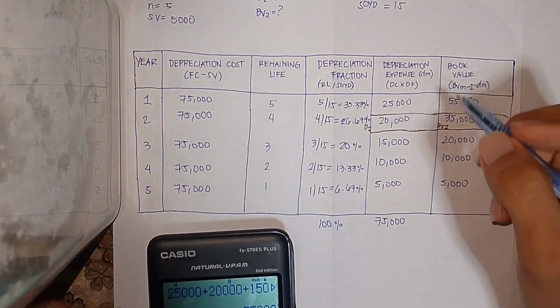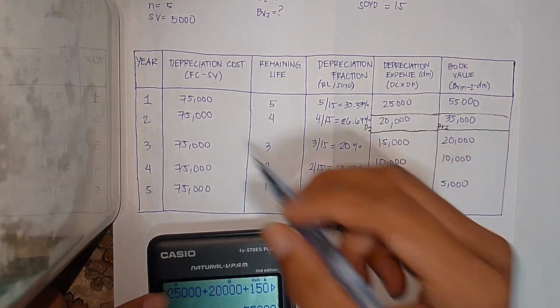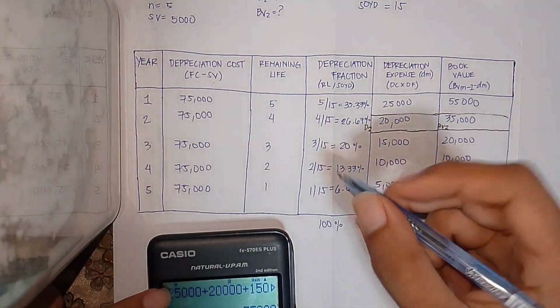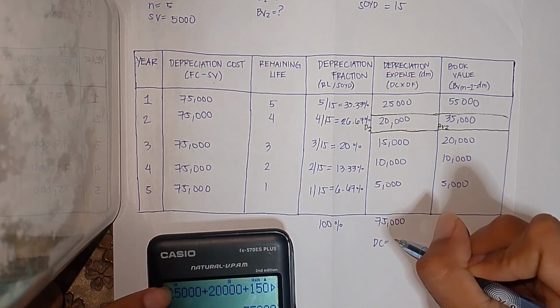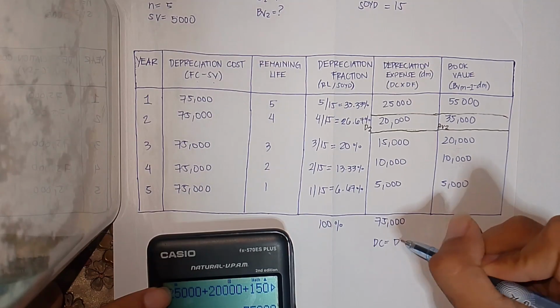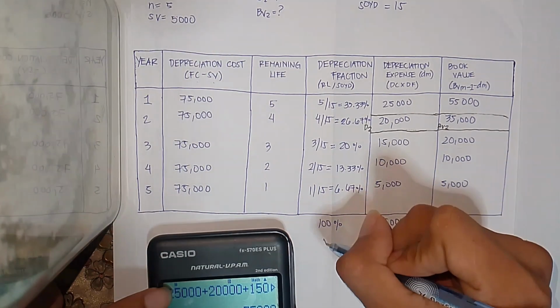So our depreciation expense is correct. It's equal to the depreciation cost. So our computation is correct.